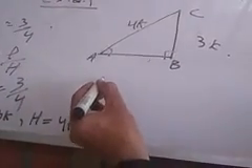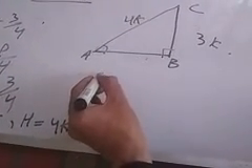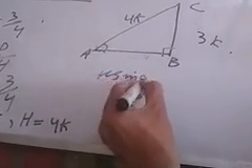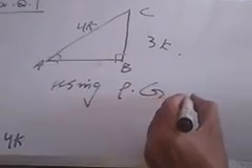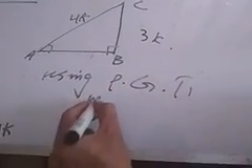Now using Pythagoras theorem, we can find first AB and then we can find any ratios.